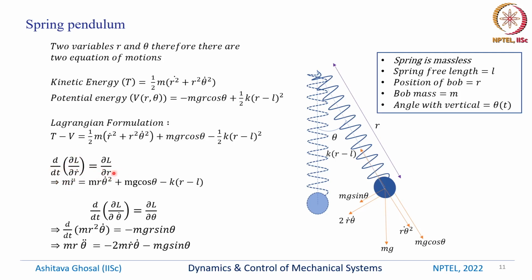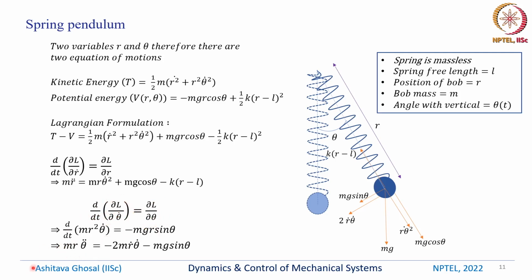If you do this, you will get m r double dot equal to m r theta dot square plus mg cos theta minus k into r minus L. We can also take the partial derivative with respect to theta dot, the partial derivative with respect to theta, and then d by dt of this is equal to this.